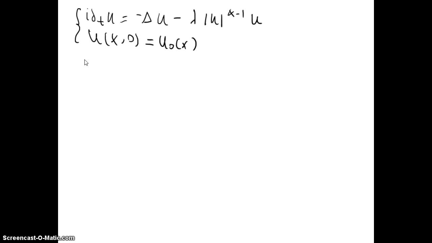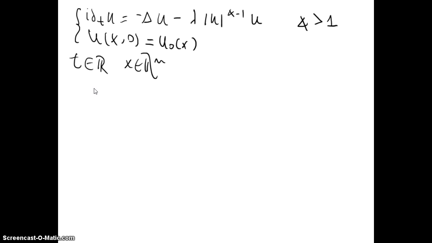Okay, and t is in R, x is in R^n, okay? And lambda and alpha are real constants. Alpha is greater than 1, okay?